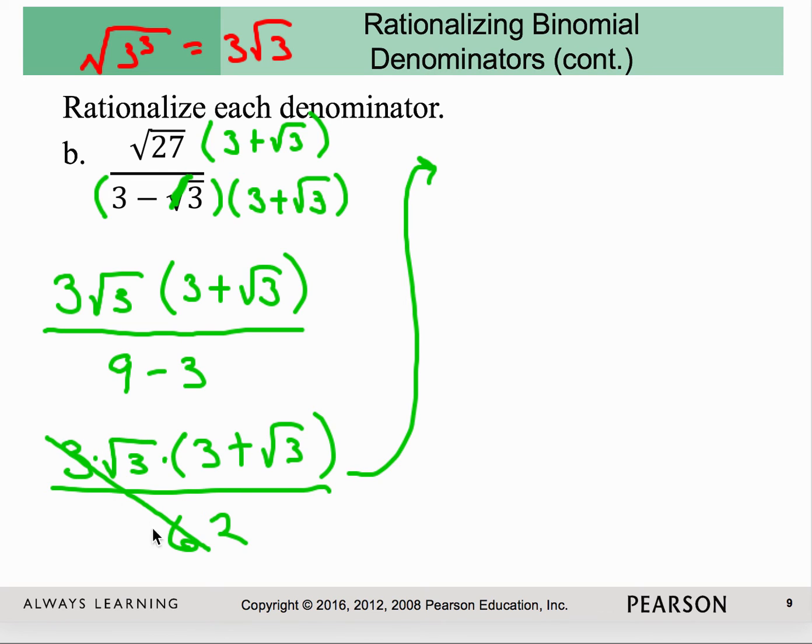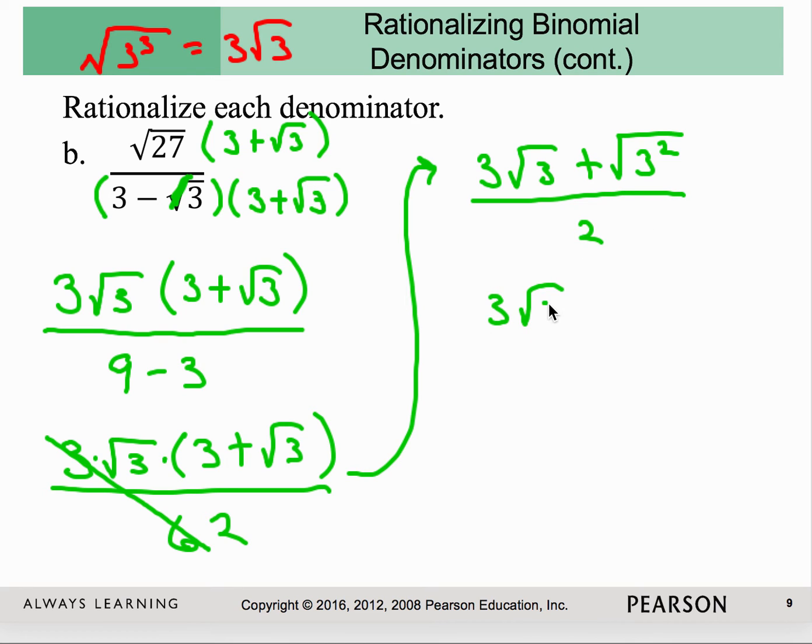All right, so I've divided that out. I'm going to go ahead and distribute now. 3 square roots of 3 plus square roots of 3 squared, or 9 if you want to write it that way. So 3 square roots of 3 plus 3 all over 2.